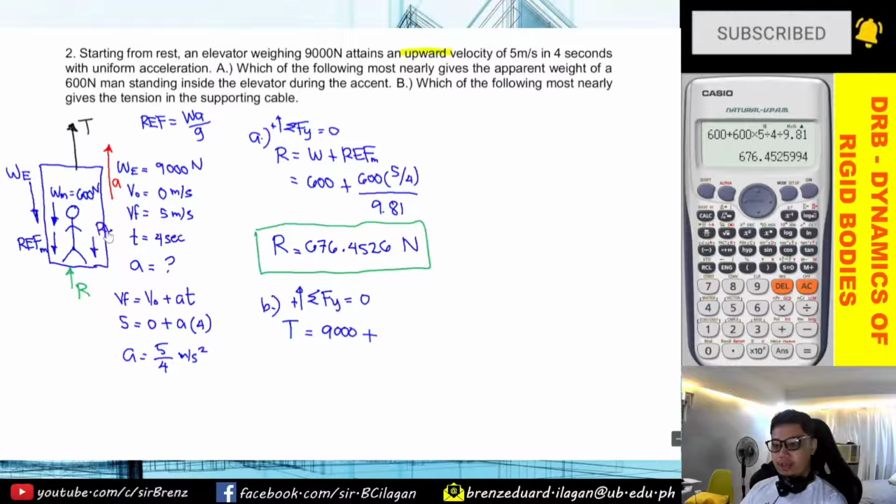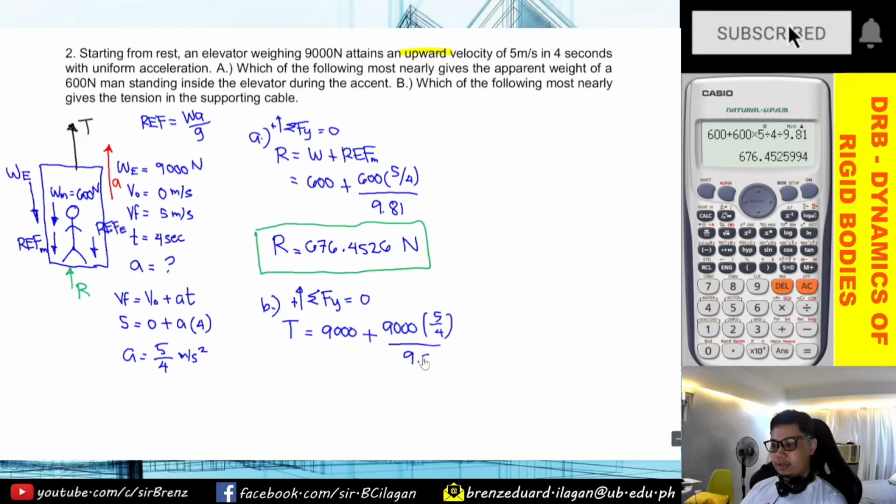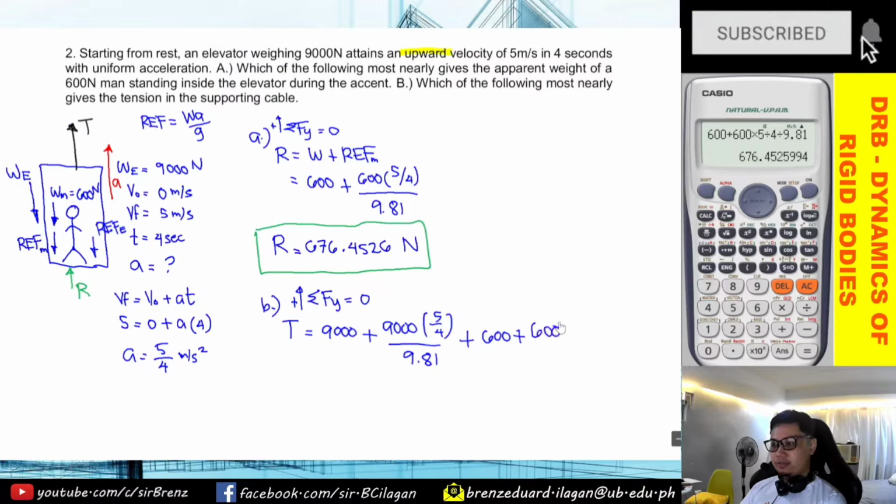So this is the REF of the elevator, which is the weight of the elevator times 5 over 4 all over 9.81. And then plus the weight of the man, 600, plus the reverse effective force of the man, which is the same as this one: 600 times 5 over 4 over 9.81.